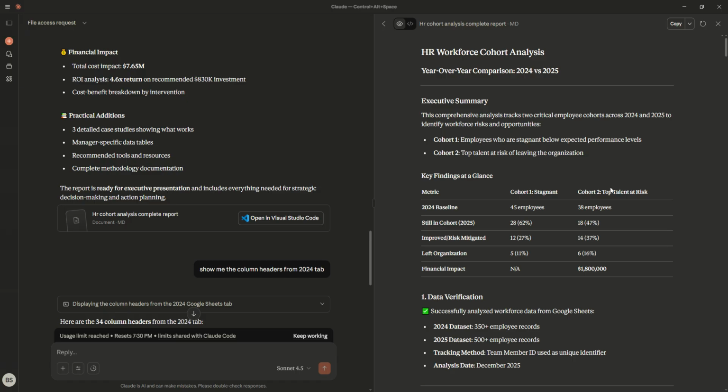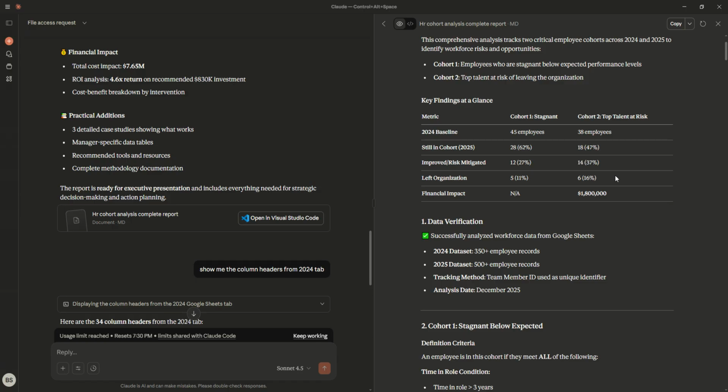In cohort 1, employees who are stagnant, below expected performance level, are grouped, and in cohort 2, the top talent at risk of leaving the organization.